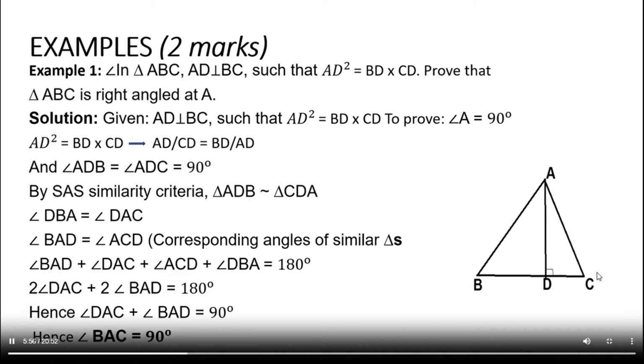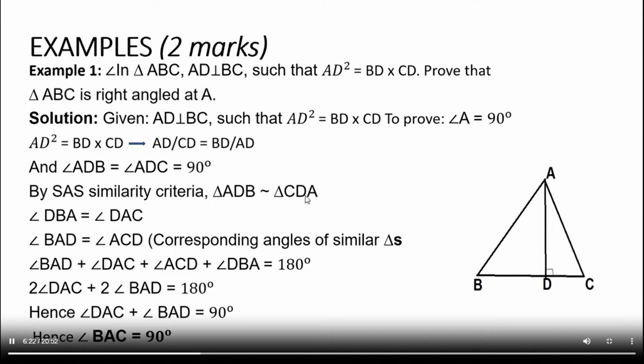So by SAS similarity criteria, triangle ADB is similar to triangle CDA. Now since both the triangles are similar, their corresponding angles will be the same. So now angle DBA will be equal to angle DAC and angle BAD will be equal to angle ACD.